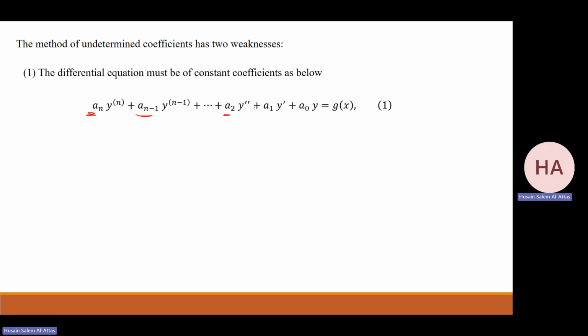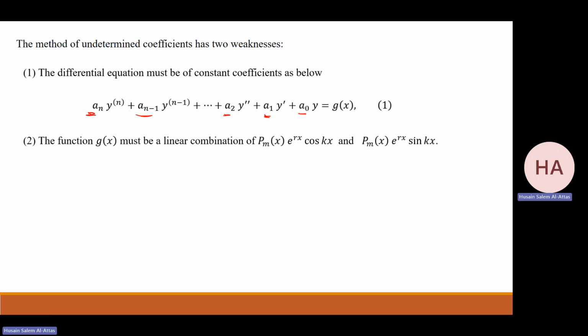So I need these coefficients to be constant. That's the first weakness. The second one: I need the right-hand side to be a product of polynomials, exponentials, times cosine or sine. If it is not in that form, we cannot use the method of undetermined coefficients.